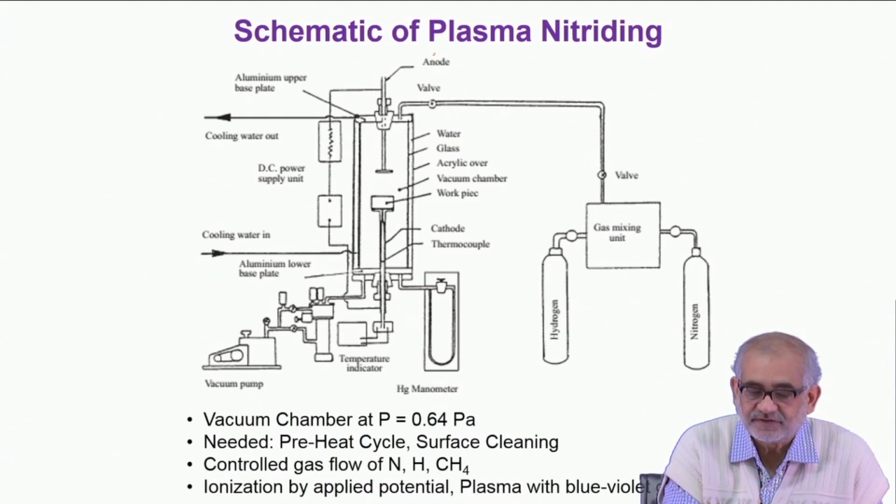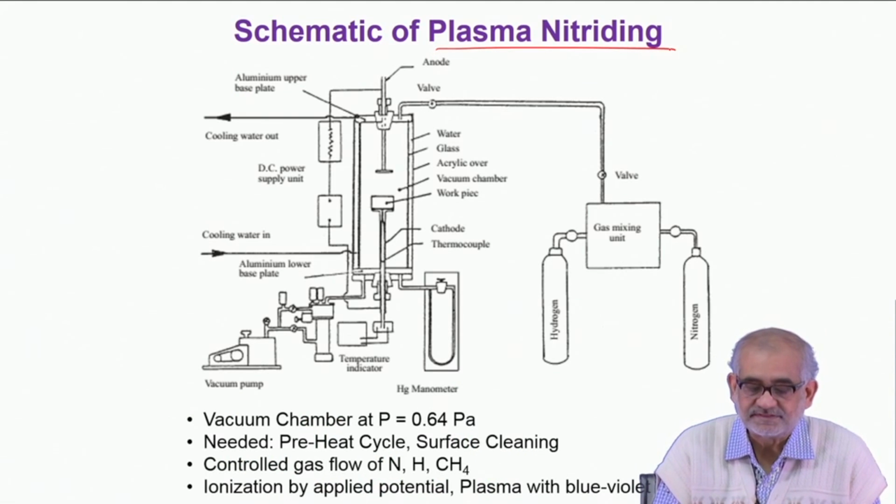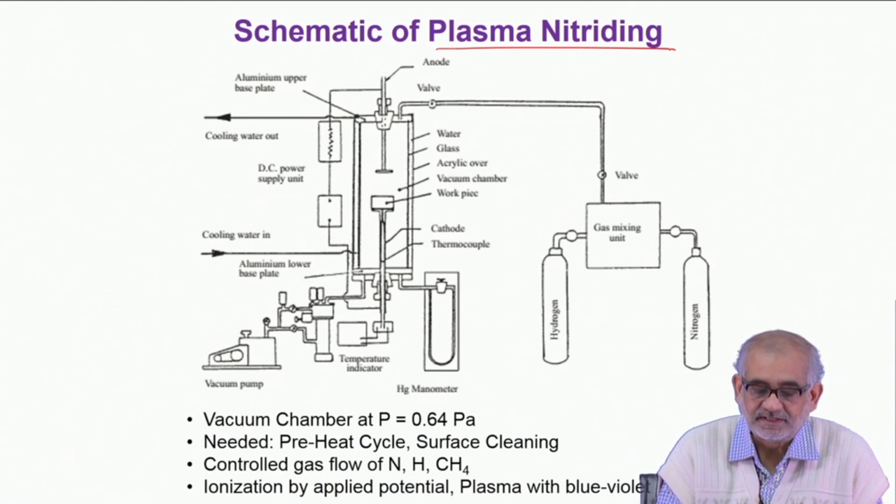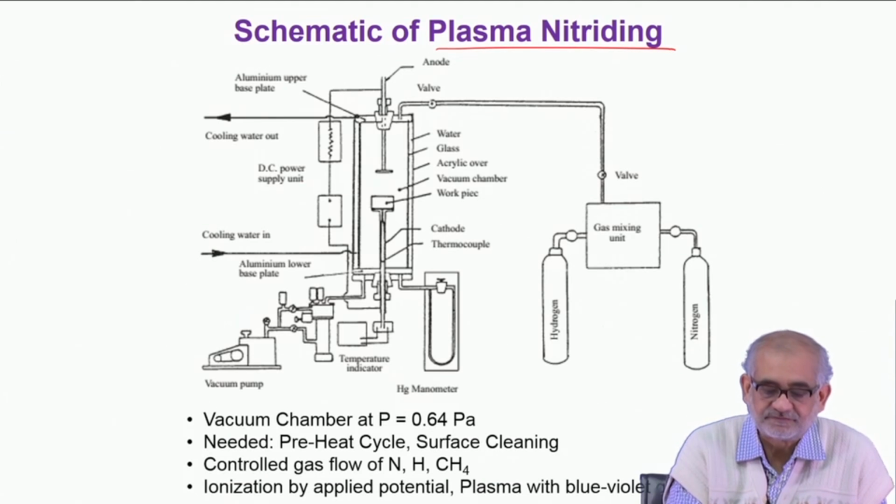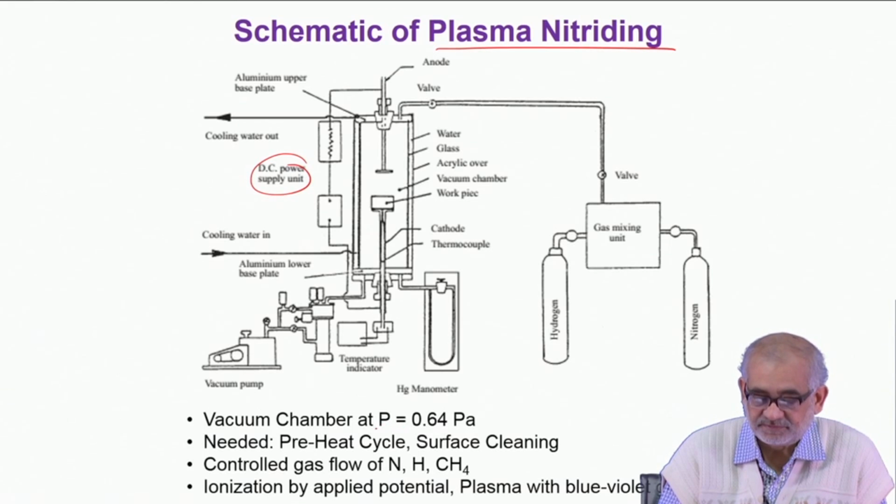So, plasma nitriding, as we have already seen, is a process where we place the sample immersed in the plasma, and then we stabilize the plasma by application of certain specific DC power. The pressure inside the chamber is very low, much lower than atmospheric pressure.